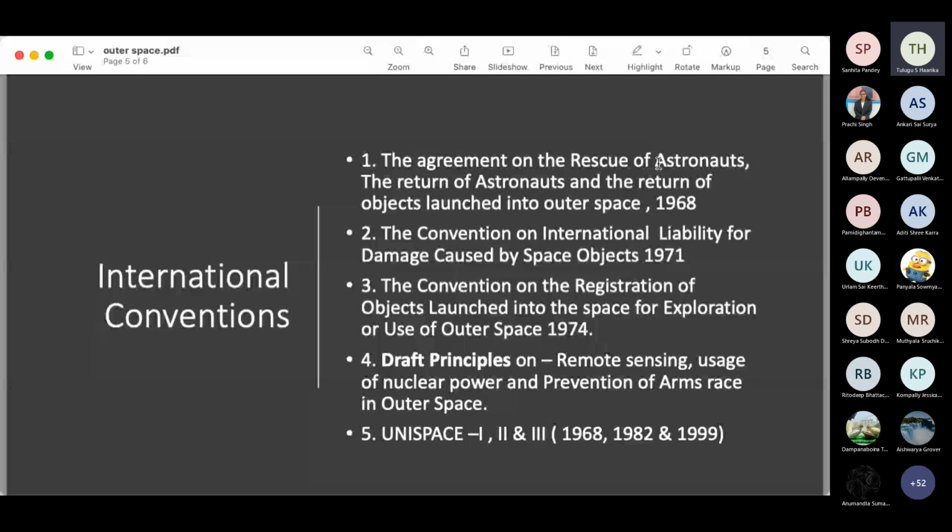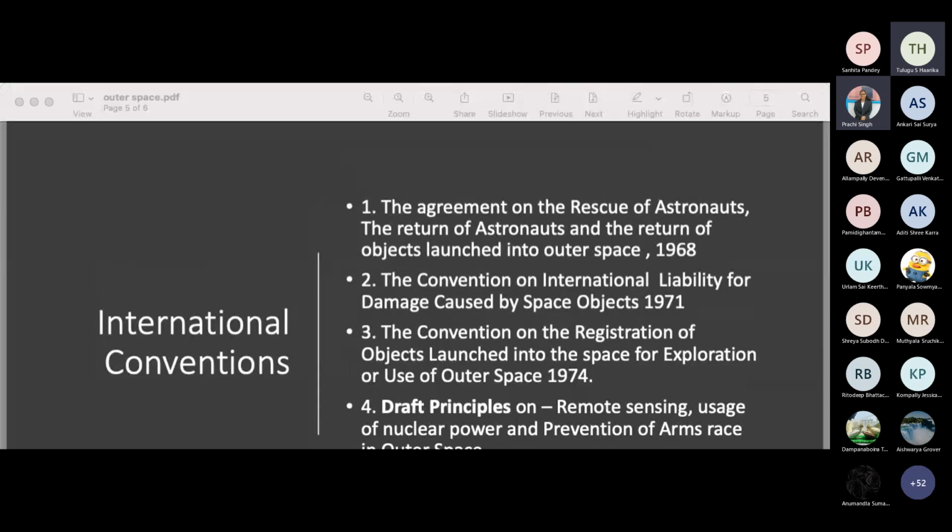Right? Any questions up till here? Yes, class? What is the name of the case? Chat box, can you see? No, ma'am, it's not visible. That's why I told you. Ma'am, can you type it again?